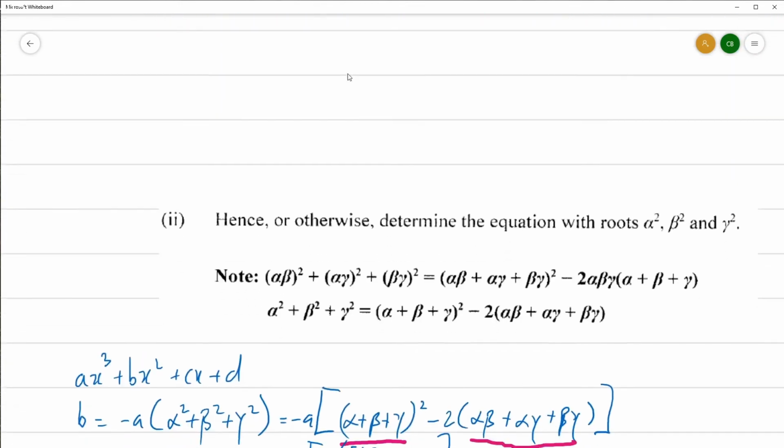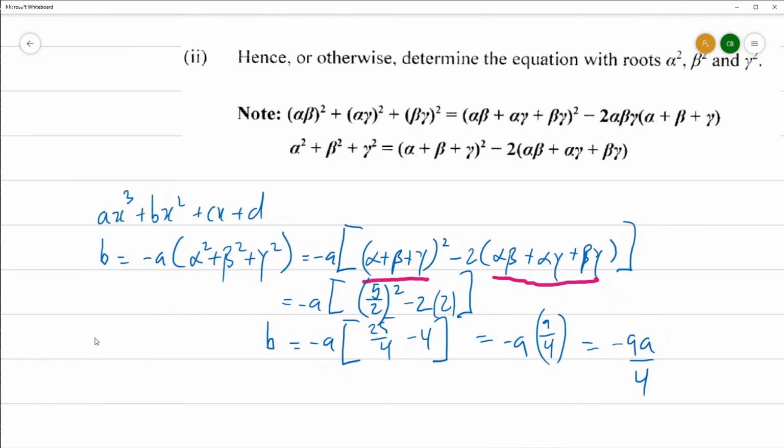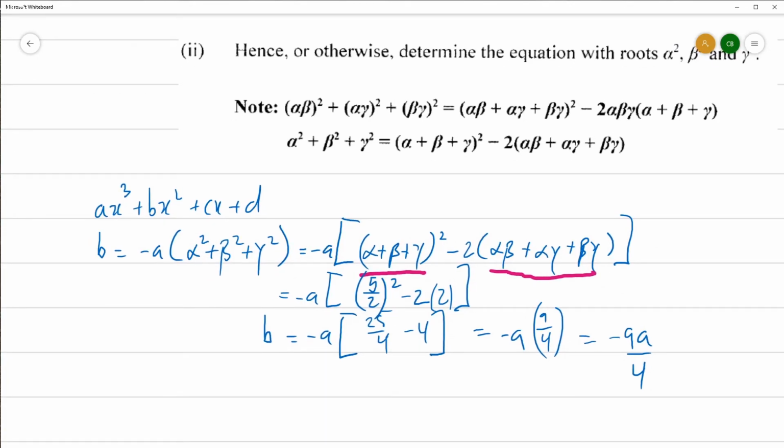So in this case, where our roots are alpha squared, beta squared, and gamma squared, c is your constant a multiplied by alpha squared by beta squared plus alpha squared by gamma squared plus beta squared by gamma squared.